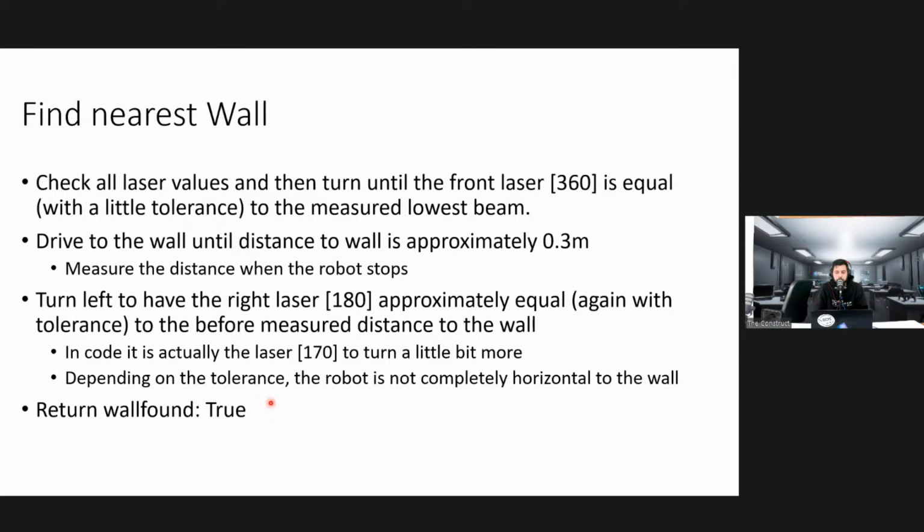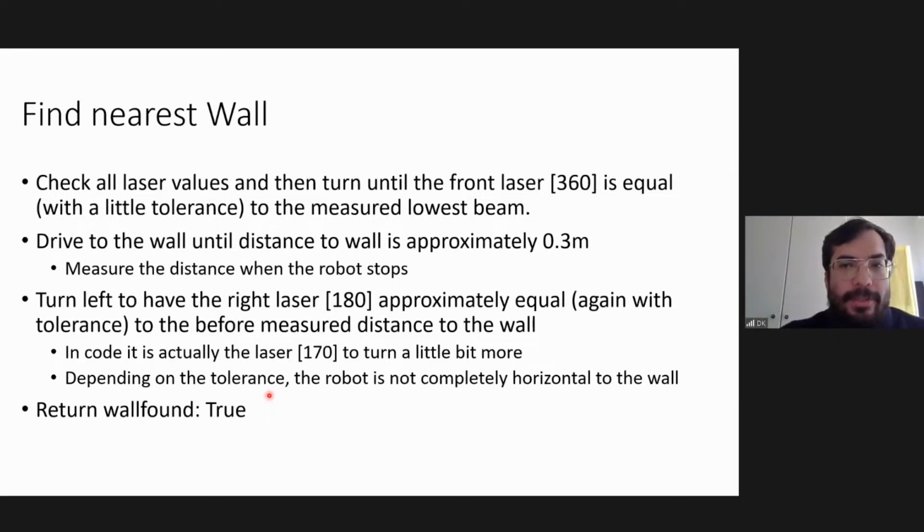First, to explain a little bit how it works, we can later go into the actual code. Basically, I first make the robot stop, and then I check all the current laser values and measure which one is the smallest. This is the smallest distance.